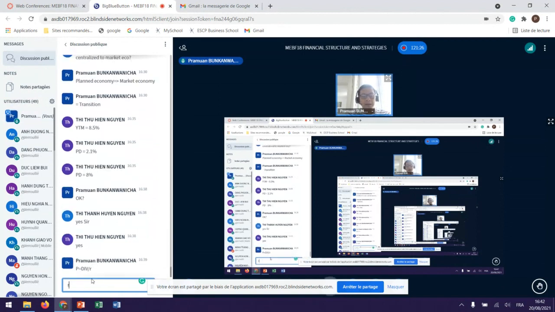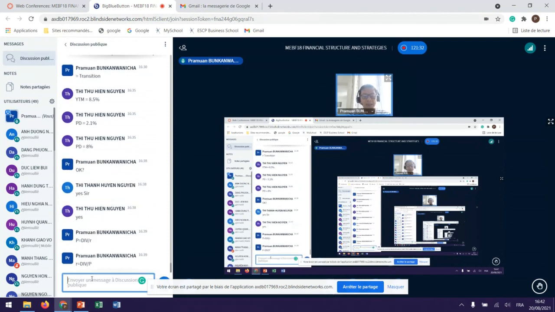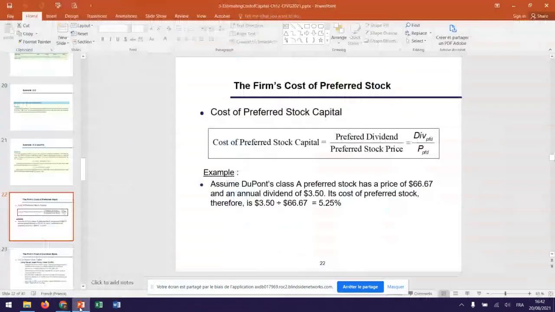And if I want to know what R is, I can simply take the dividend divided by P. This is going to be the cost of preferred stock. The cost of preferred stock is equal to the dividend divided by P, which is called the dividend yield.